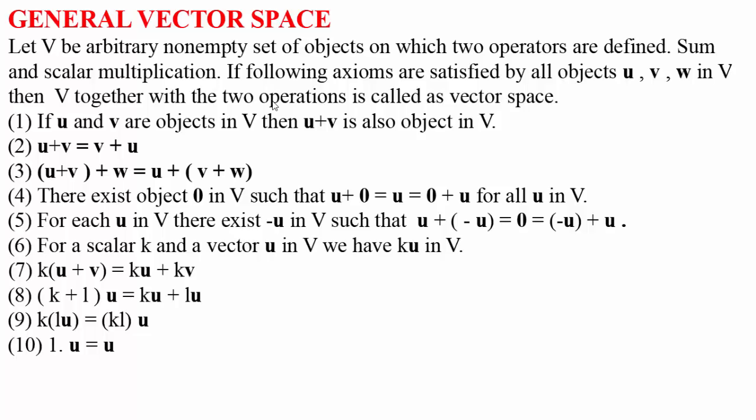That means in that set there must exist a multiplicative identity called 1. 1 is nothing but the multiplicative identity in the set. If all these 10 axioms are satisfied, then that non-empty set together with the two operations, addition and scalar multiplication, is a vector space.